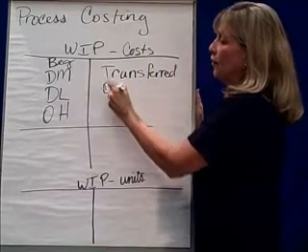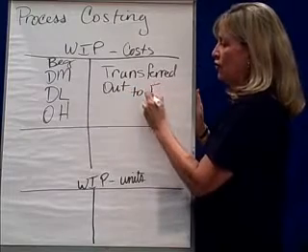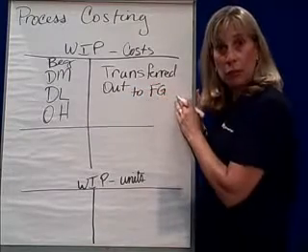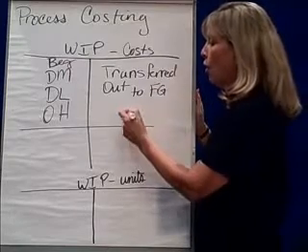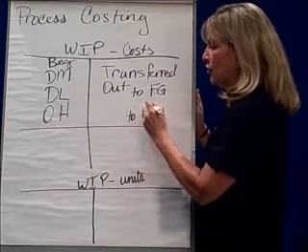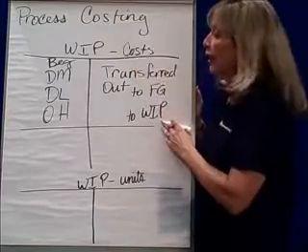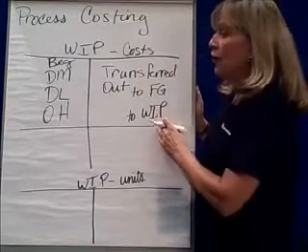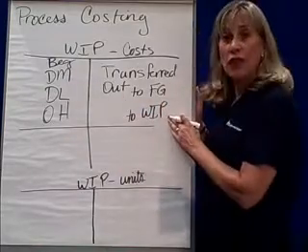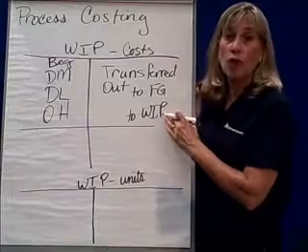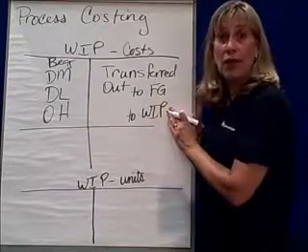They're transferred out either to finished goods if the products are completed, in other words, that's the cost of goods manufactured, or they're transferred out to the next work in process department. In other words, if this was the assembly department for the water, we're transferring out to the next work in process department, which is called work in process packaging, until that product is done.